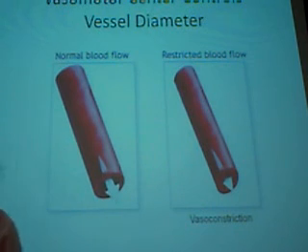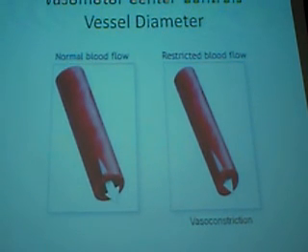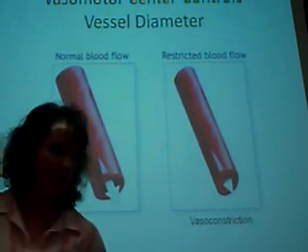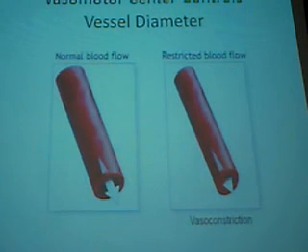I don't remember that. I'm going to study for that. Okay, let's go over to page 57 and talk about short-term mechanisms to control our blood pressure. So what are the three factors that influence peripheral resistance?